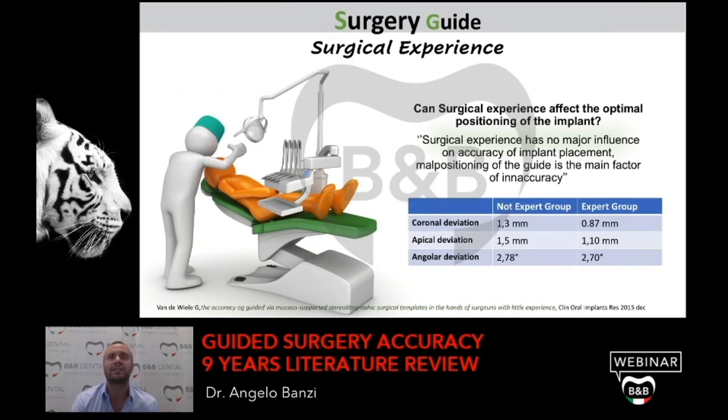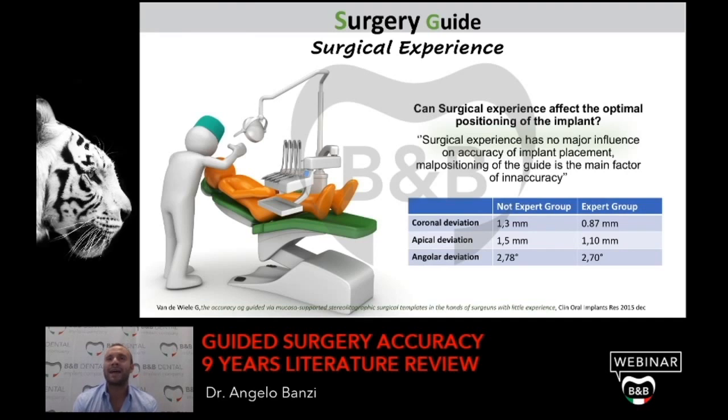What about the surgical experience? About the surgical experience, this article is really interesting, because Van der Wiel studied two groups, one of expert doctors and another of dentists without any experience in guided technique.